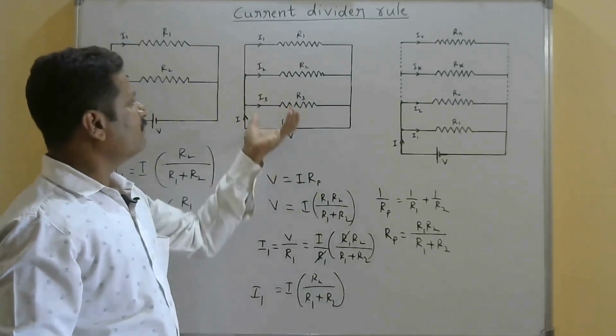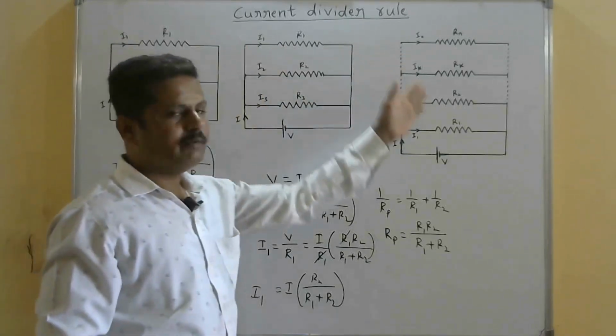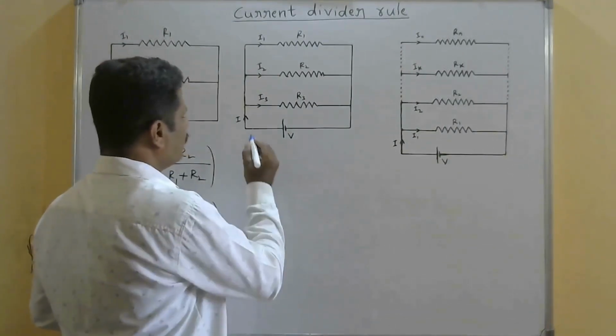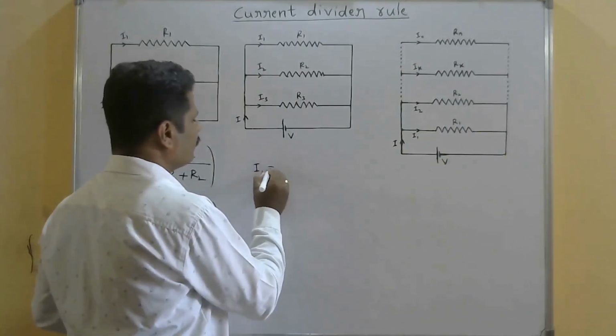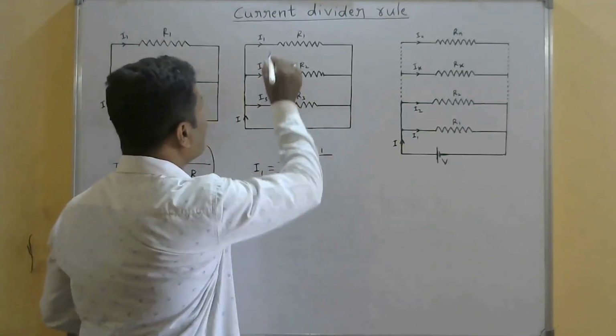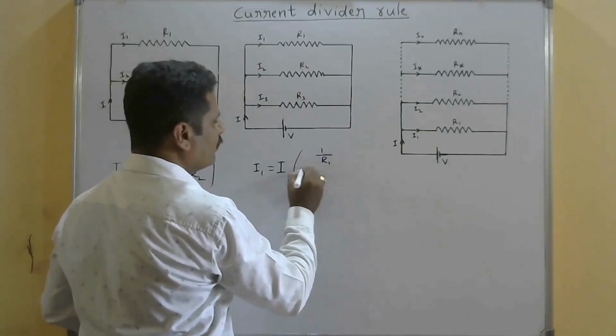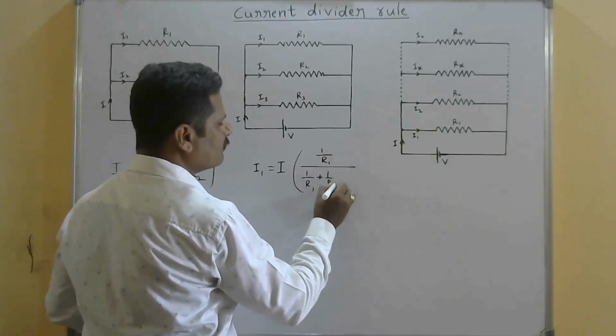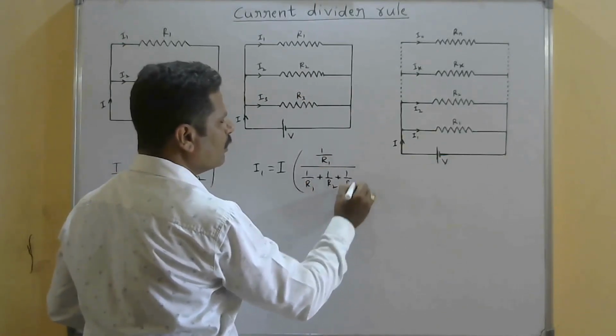If it consists of 3 resistors or n number of resistors, what happens? Let us see. For 3 resistors connected in parallel, we can take I1 equal to the total current times 1 upon R1 divided by the sum of the reciprocals of all the resistors, 1 by R1 plus 1 by R2 plus 1 by R3.